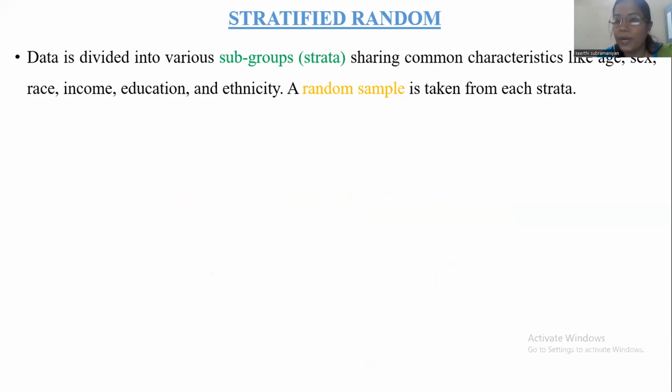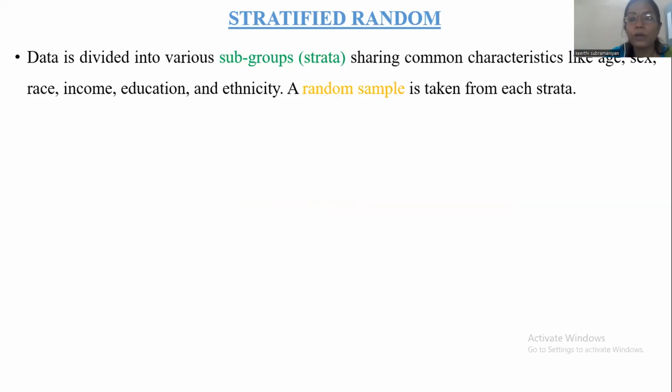Moving ahead with stratified random sampling. Stratified random sampling means that the entire population is divided into different strata. Why do we need it? For example, take our dental college, where we have 80% girls and 20% boys.